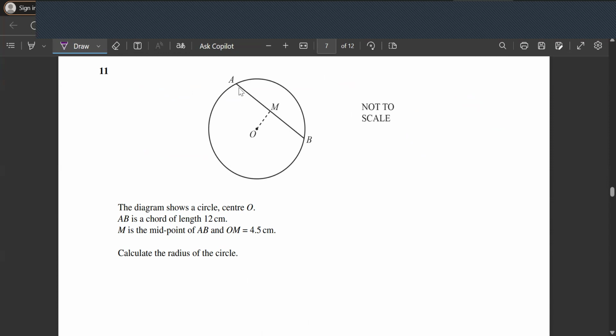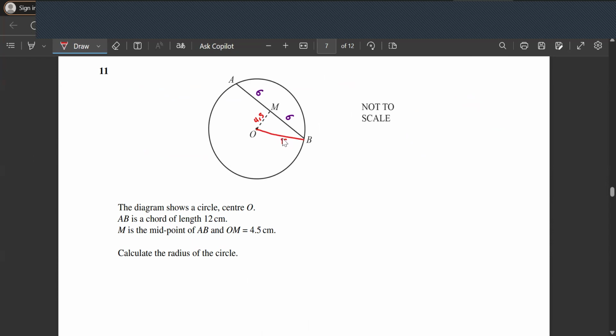So if this is all 12 centimeters, this is 6 and this is 6, because it is at the midpoint. Then he's telling me OM is 4.5. He wants you to calculate the radius of the circle. The radius is OB or OA; if I join this, it will be the radius.